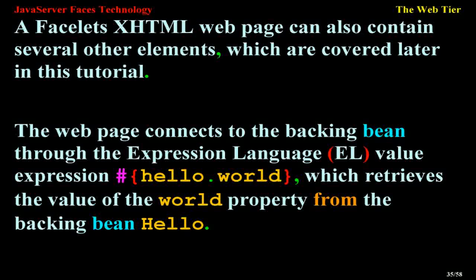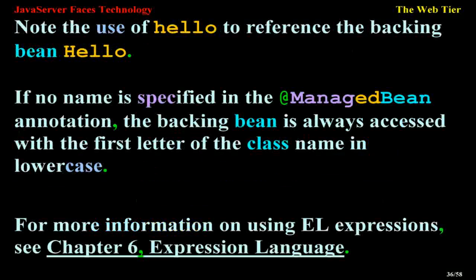The web page connects to the backing bean through the Expression Language (EL) value expression hello.world, which retrieves the value of the world property from the backing bean hello. Note the use of hello to reference the backing bean Hello. If no name is specified in the ManagedBean annotation, the backing bean is always accessed with the first letter of the class name in lowercase.